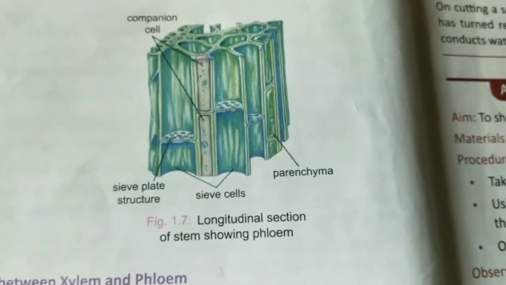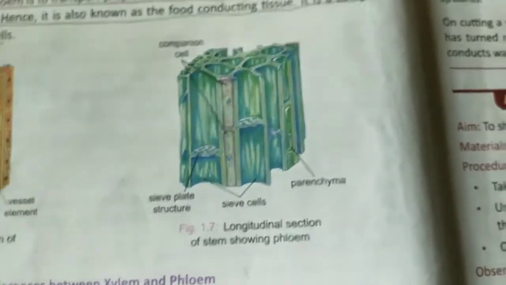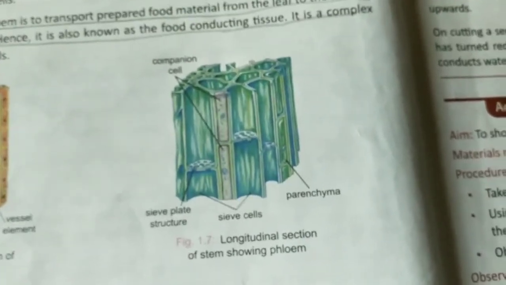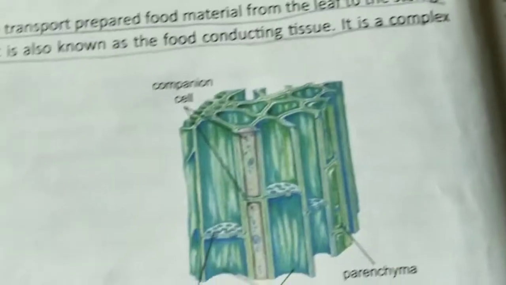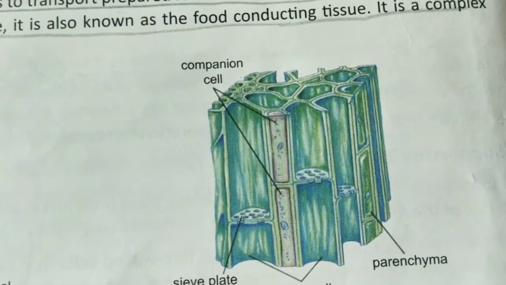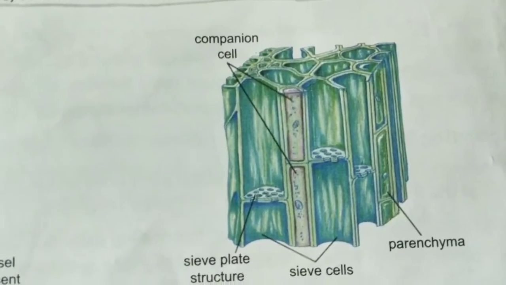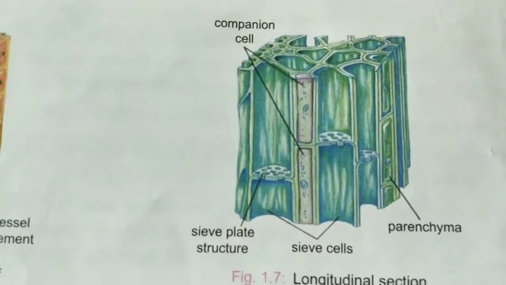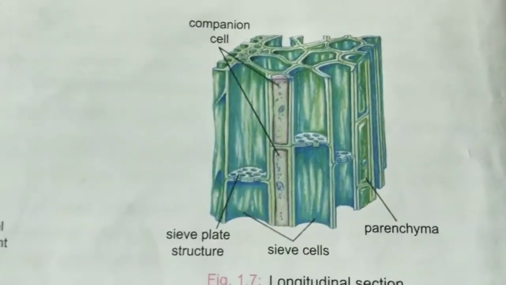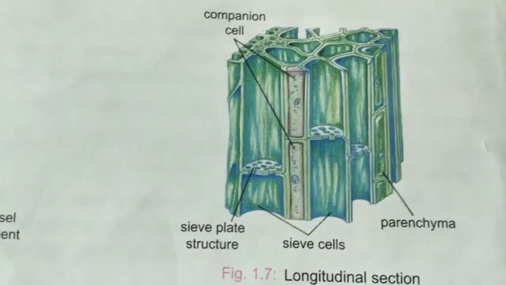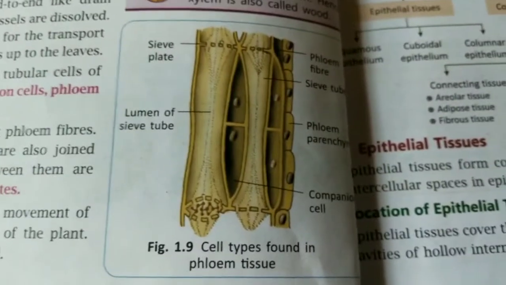Now come to the phloem. See the structure of phloem. You will find that it is also formed of 4 different types of cells: sieve tubes, companion cells, phloem fibers and sieve plates. You can see the detailed diagram.